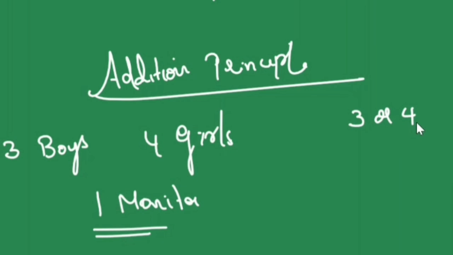So 3 or 4, that means 3 plus 4, which is 7. Either you choose from the boys or from the girls, but only one. So totally there are 7 chances. You just add here. So when it is 'or', it is addition. This is called the addition principle. So you have the multiplication principle and the addition principle.